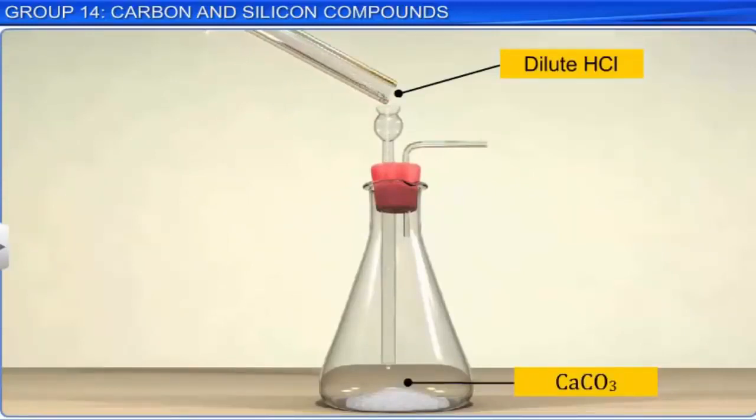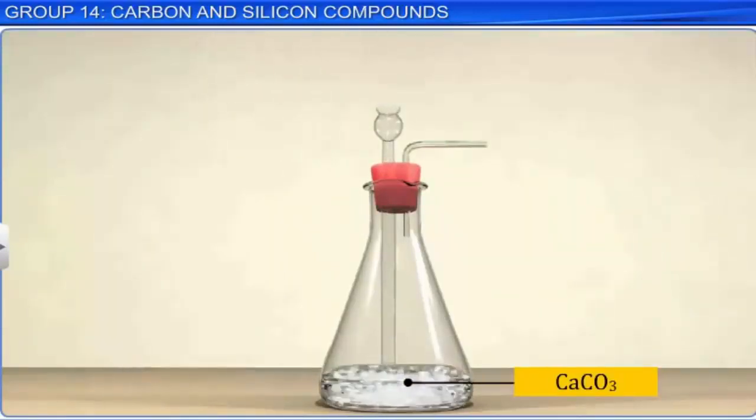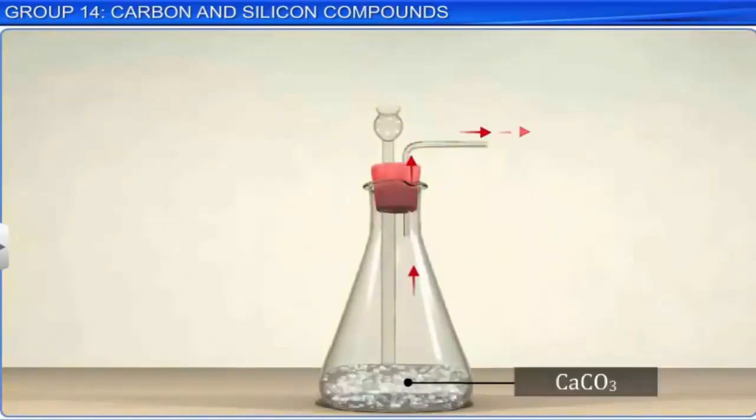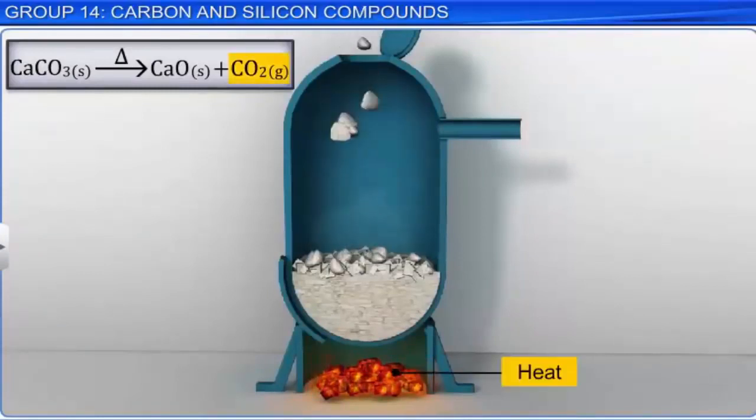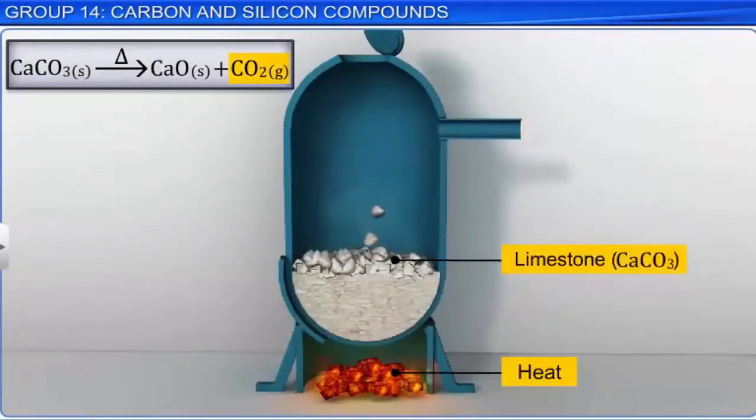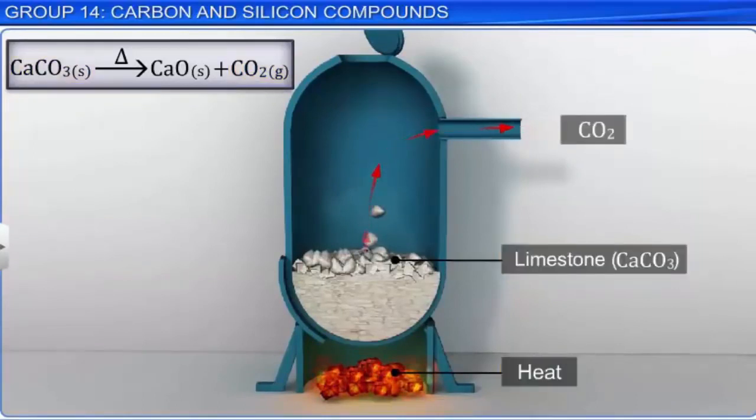In the laboratory, carbon dioxide can be prepared by reacting dilute hydrochloric acid with solid calcium carbonate. On a commercial scale, carbon dioxide can be prepared by heating limestone, CaCO3, until it decomposes.